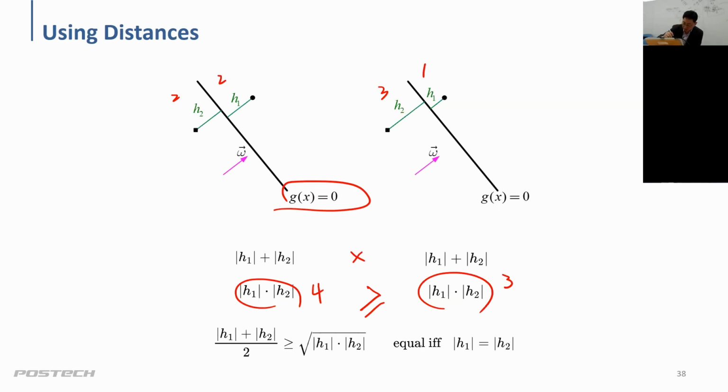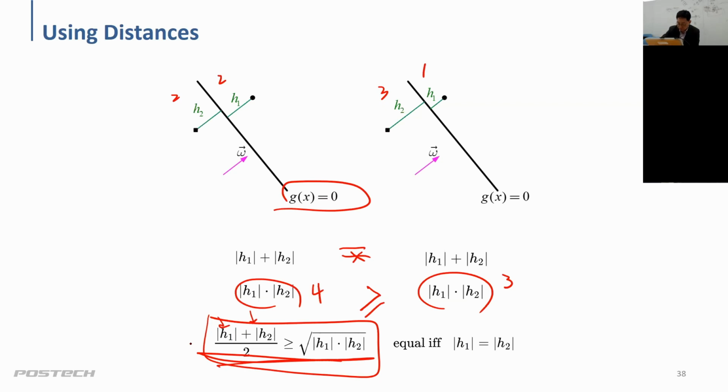And actually, do you know this kind of inequality, the arithmetic and geometric mean? This is always true. And the summation is a constant, right? These are the same, so this is a constant value. And the product here is always less than or equal to it.